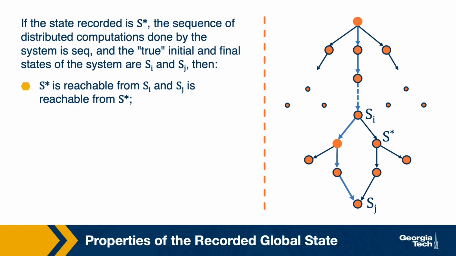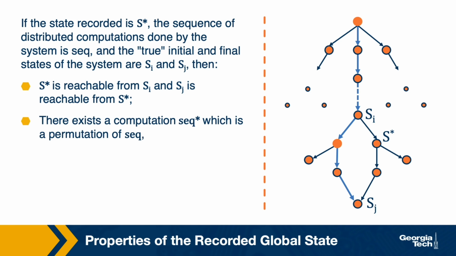Si is the initial state, so S star being reachable from Si means that it is one of the possible states that we can reach once we follow the execution from Si forward. If we know that the true final state of the system is Sj, then by knowing S star, we know that if we continue capturing snapshots of the system, the sequence of snapshots will ultimately reach and capture the true final state of the system, Sj.